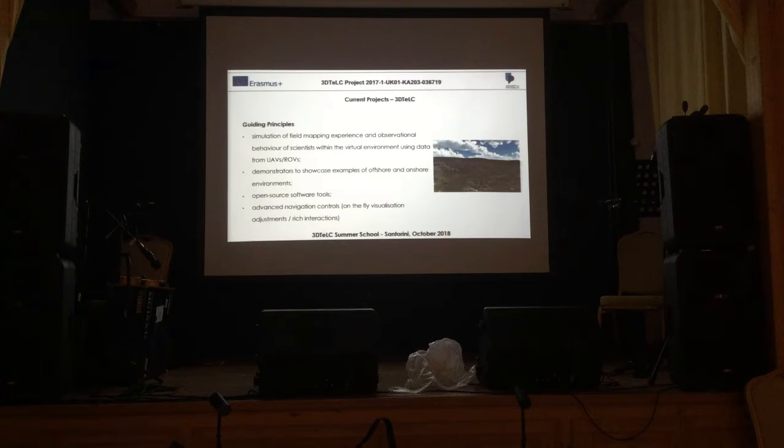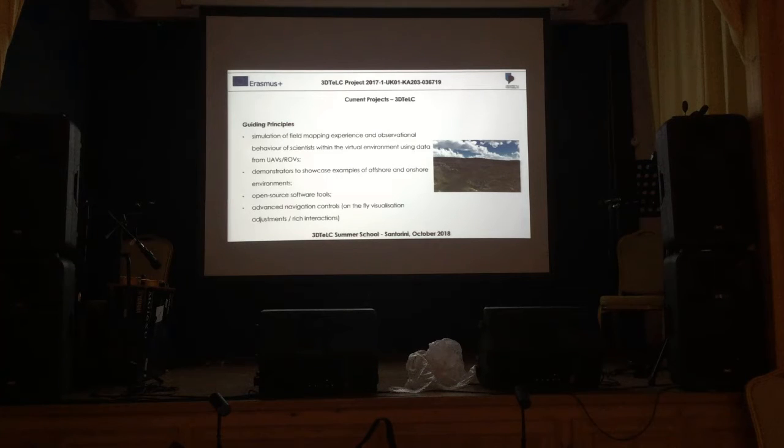So the data are from UAVs and ROVs, and results should be some demonstrators to show onshore and offshore. And that's also a question that, Malcolm, this has to be answered very quickly, right? So what models and what demonstrators, because they will come into the middle of the project, right? Yes, yes. So it has to be decided very soon what the demonstrators are, what is going to come out of all that, so that we can start working to produce them.